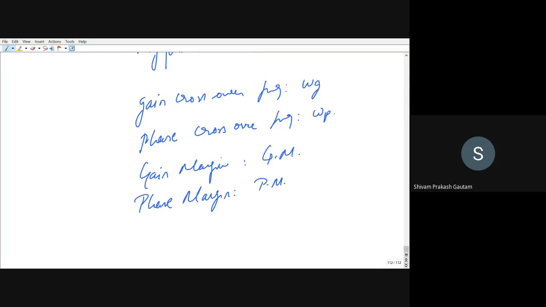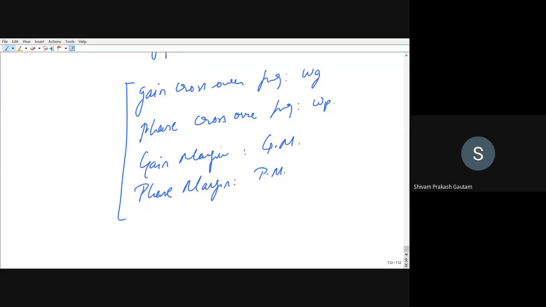And we have also framed some examples, and we have seen the concept that if omega p is greater than omega g, then the system is said to be stable. If omega p is less than omega g, then the system is unstable.